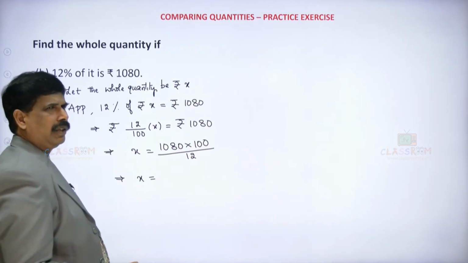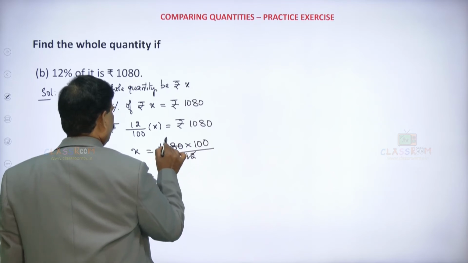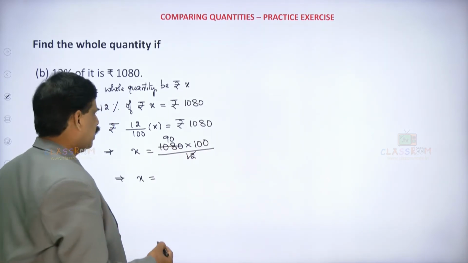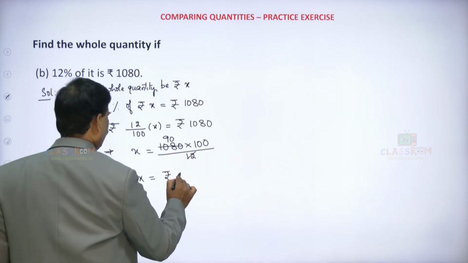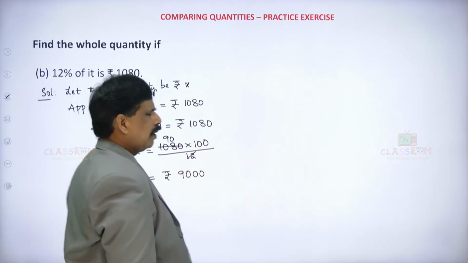So x is equal to 12 nines 108, so it is 90. So this is rupees 90 into 100, that is 9,000. Clear?